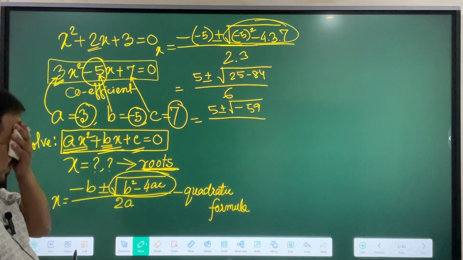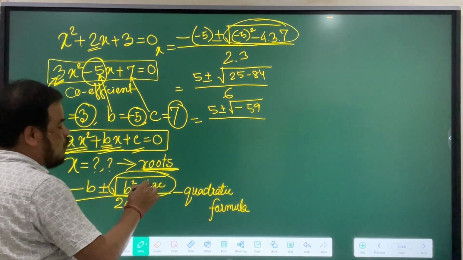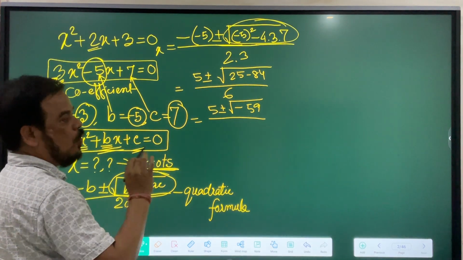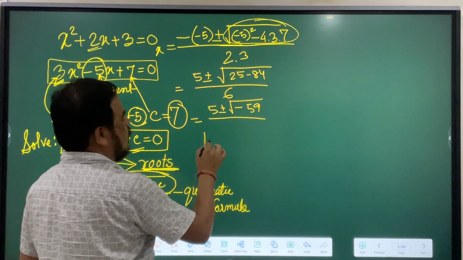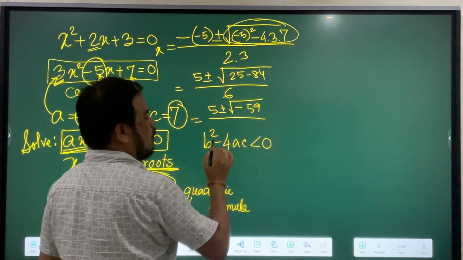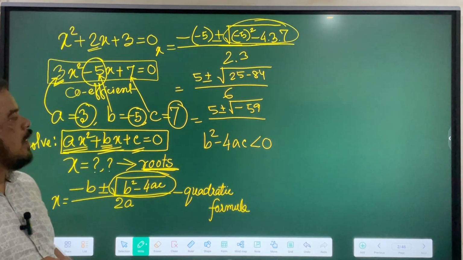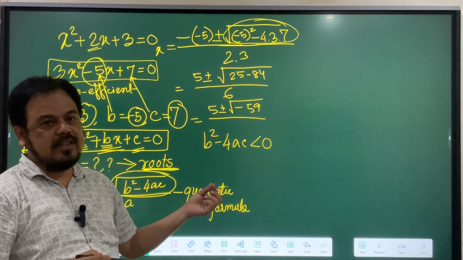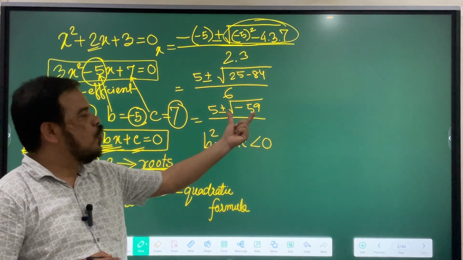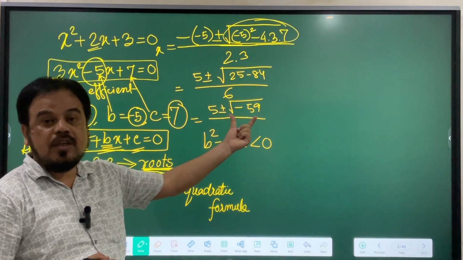That means what? After doing the calculation of b square minus 4ac, we have got a number which is less than 0. What we have got? Less than 0. B square minus 4ac, we have got less than 0. When this calculation is less than 0, it means a negative number, then it will surely be an imaginary number.